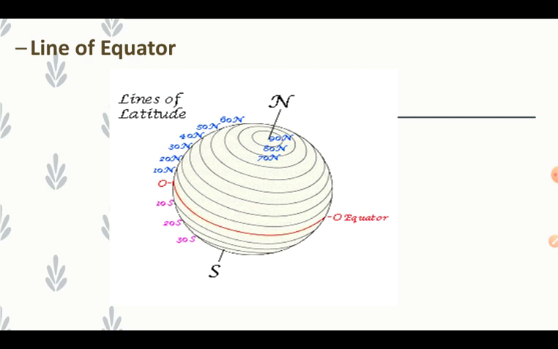Before I explain the line of the equator, let me tell you something about the globe. You will notice that the needle is affixed through the globe in a tilted manner. You can see the south as well as the north pole. The two points on the globe through which the needle passes are the two poles, the north pole and the south pole.